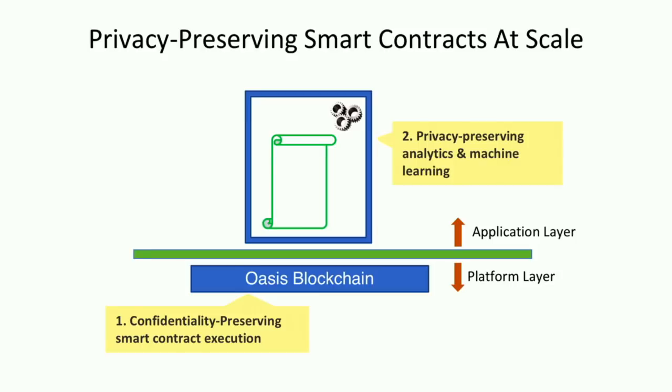And at the application level, within the smart contract, we provide capabilities for privacy-preserving analytics and machine learning to make it easy for developers to do analytics and machine learning without needing to worry about privacy and to enforce the desired privacy policies. And at the platform level, we also develop a new architecture for the blockchain to enable scalable smart contract execution, in particular for complex smart contract execution.